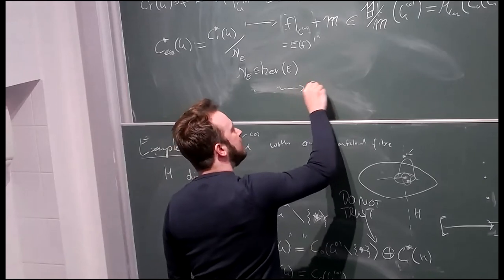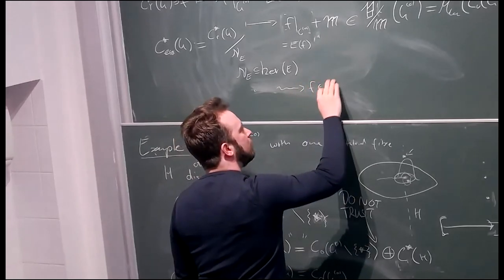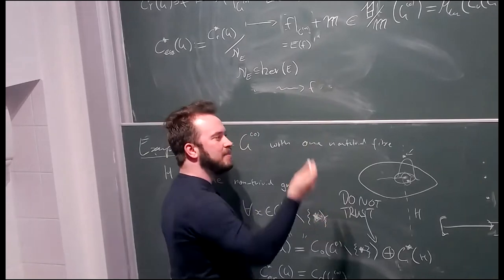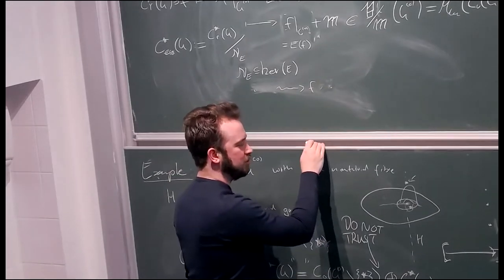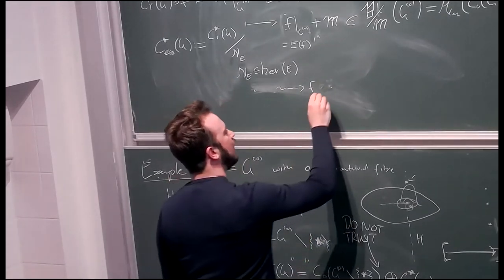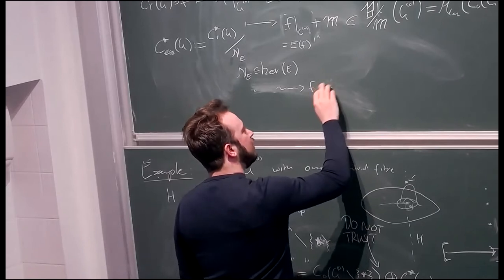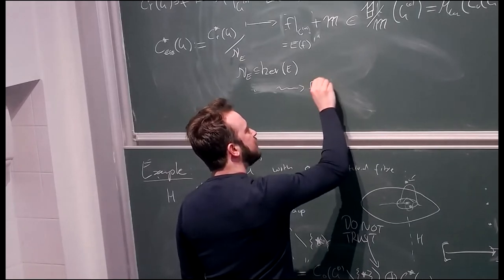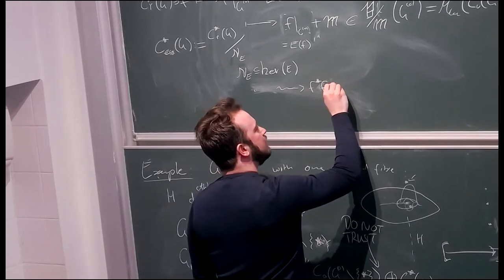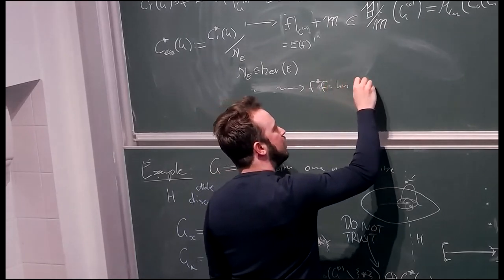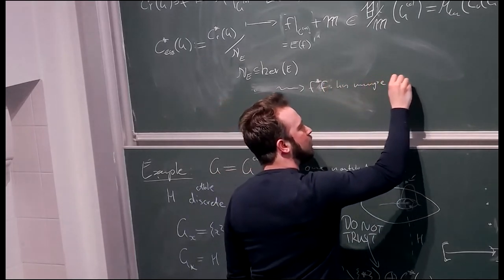It turns out that this is basically all of them, but you have to do some non-trivial work to show this. If f star f has meager support.